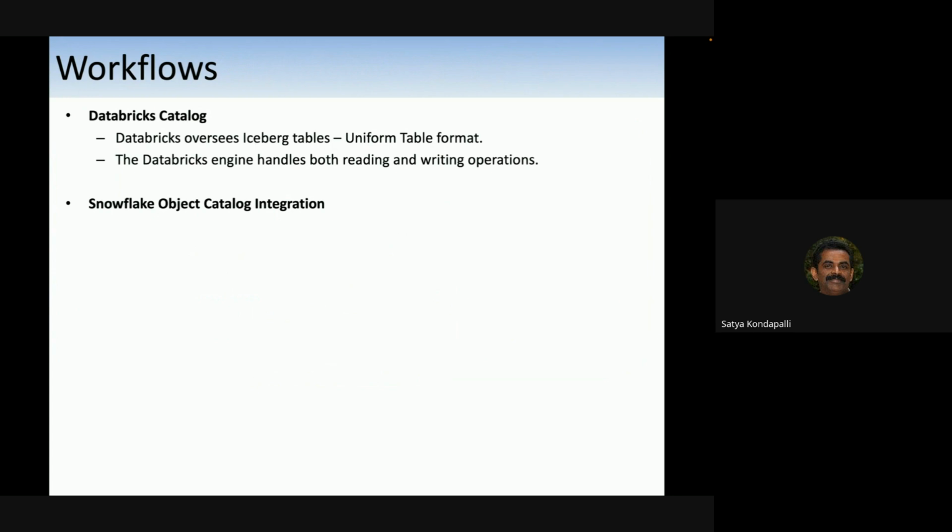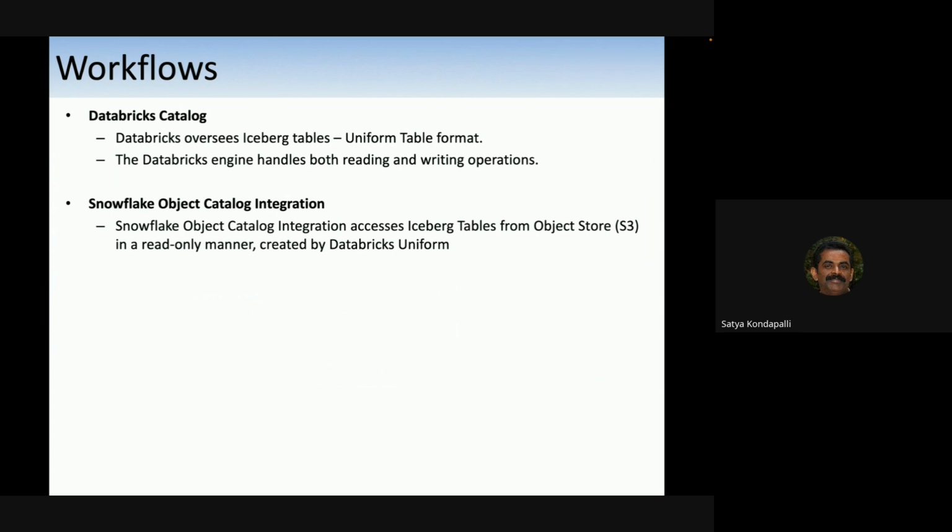A catalog is nothing but a database that maintains your Iceberg version. Where is the location of the Iceberg table? What is the version, which is the most recent snapshot? We'll dive into that in the upcoming Iceberg classes.